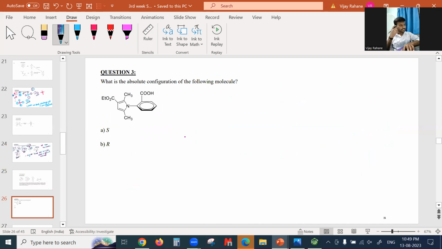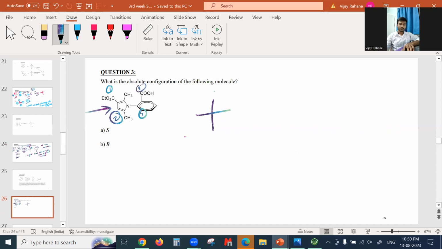The next question is: the absolute configuration for the following molecule is. We just need to give the absolute configuration for this molecule. And here, if you see the molecule, we can look from any side, whichever we are suitable. Let's say I'm comfortable from this side, then I will just give the numbering here. And see, these are in the horizontal plane. So the benzene ring, and I can give the numbering to this: 3, 4, 1, 2.